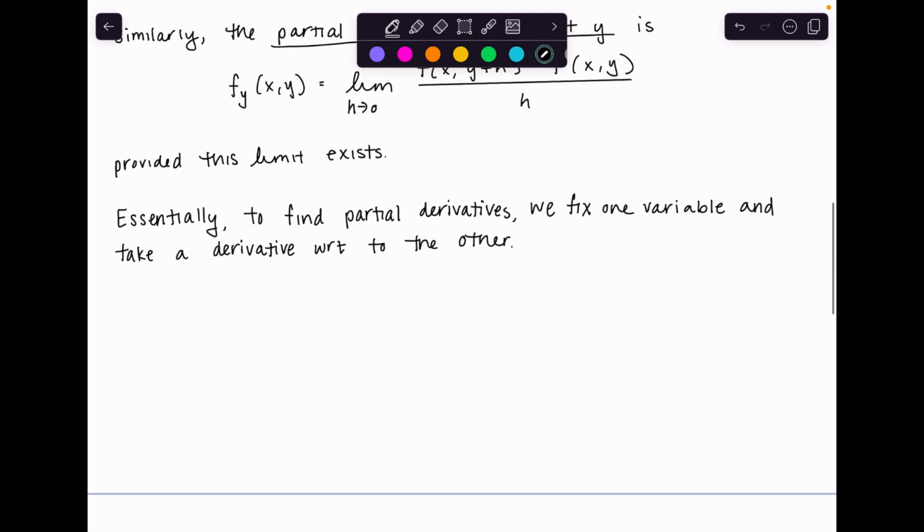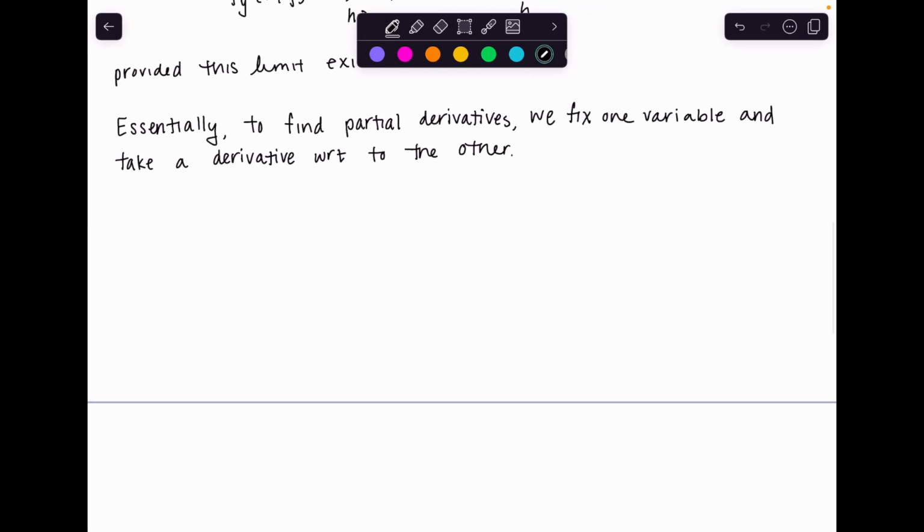So just to give you a visual of that, geometrically, these partial derivatives still represent slopes of tangent lines.